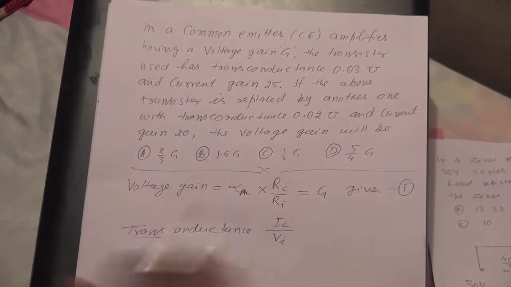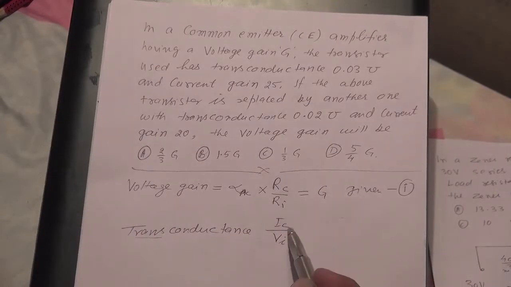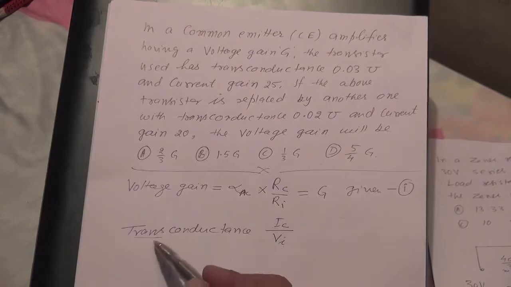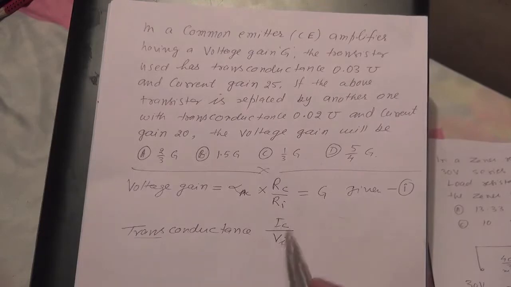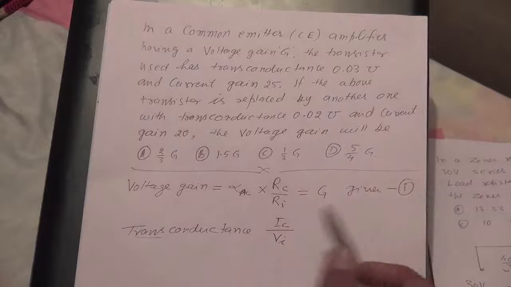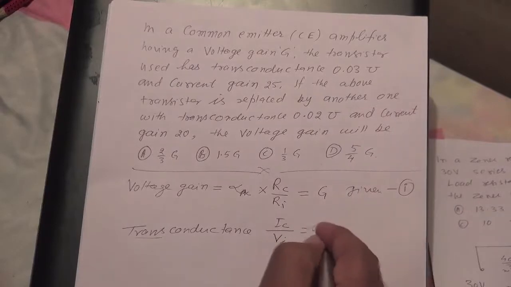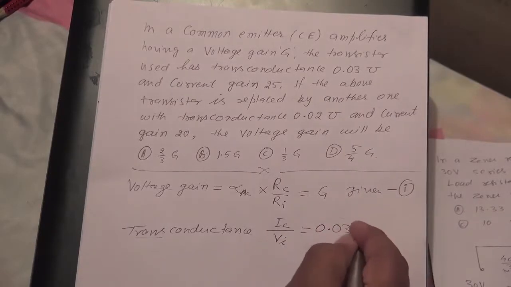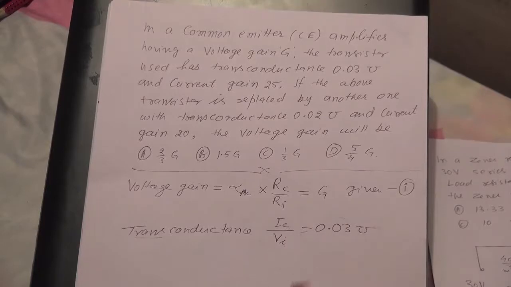So in transconductance, there is a transfer and IC is the output, VI is the input. So I upon V gives the transconductance. IC, V input. Now, this transconductance is equal to 0.03 mho. Ohm ka ulta mho. Okay.